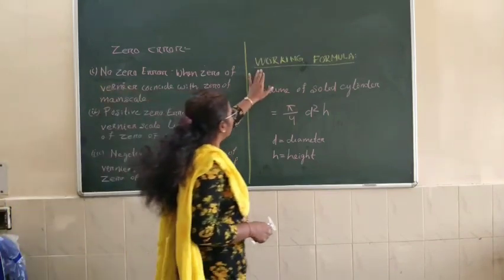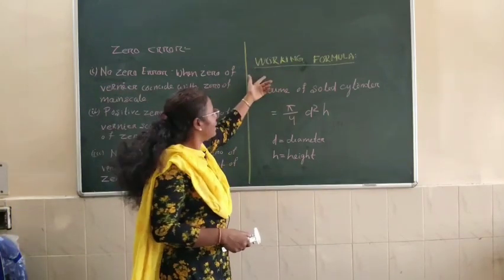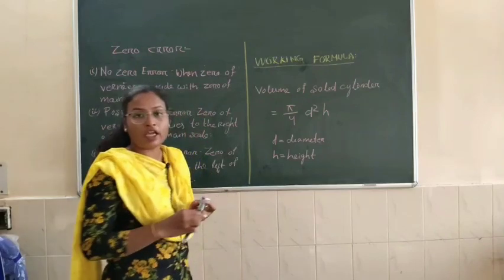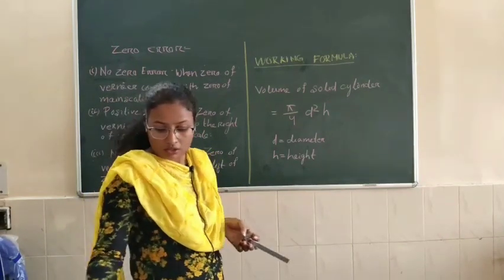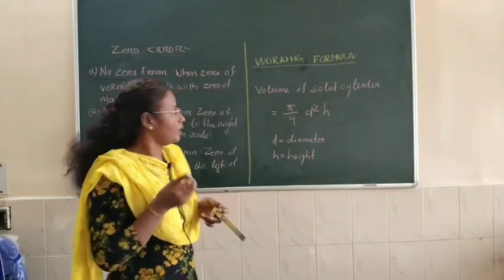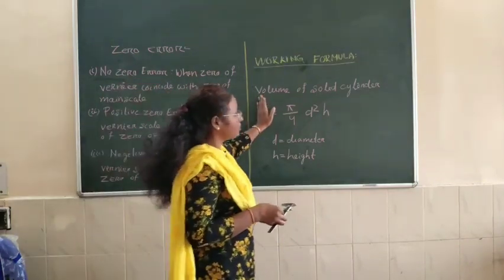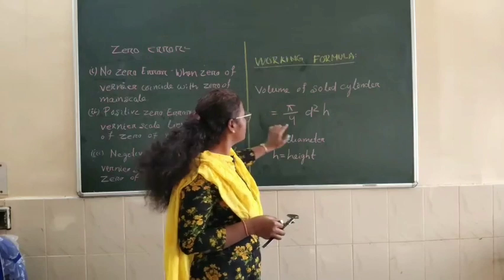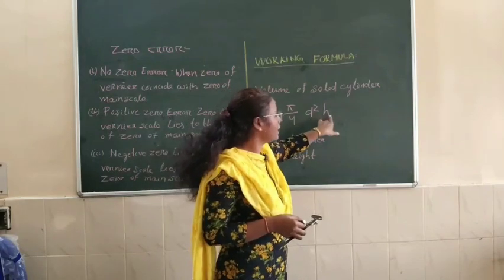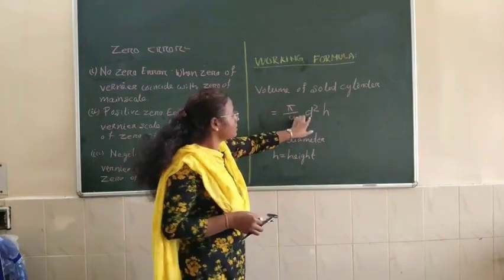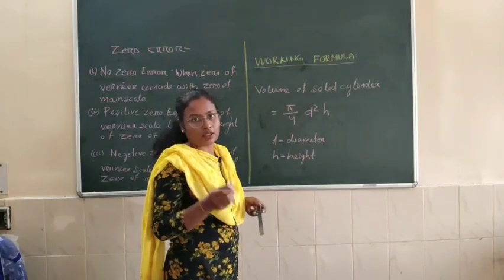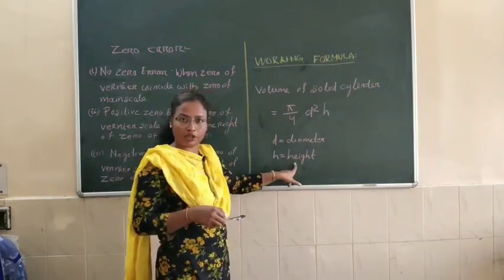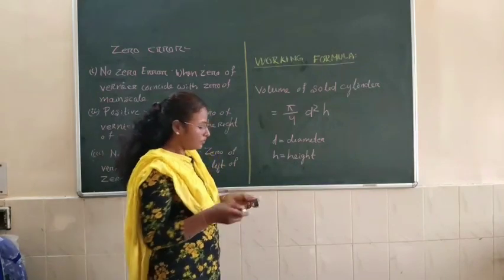Then comes the working formula. As the aim of the experiment is to find out the volume of the solid cylinder, the formula we are going to use is pi by 4 d square h. And what is d? d is the diameter of the solid cylinder and h is the height of the solid cylinder.